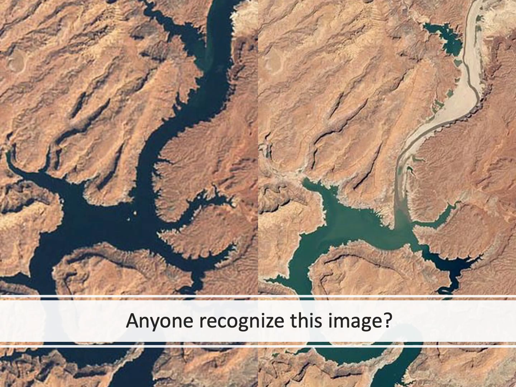So talking about scarce water resources, anyone has seen this image before? A lot of times students in my class, students from this part of the country, will recognize this image. So this is the San Juan River, which connects to Lake Powell, and the image with more water is from 1999, and the image with less water is from 2015.